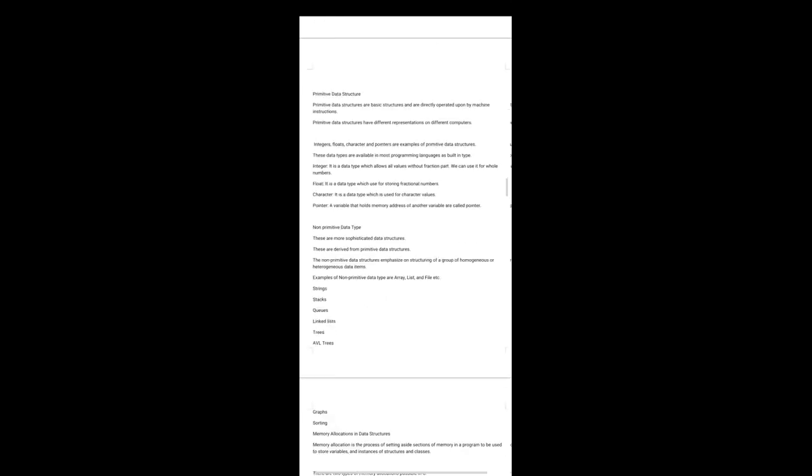Data structure provides a means to manage large amounts of data efficiently for the use of large databases.